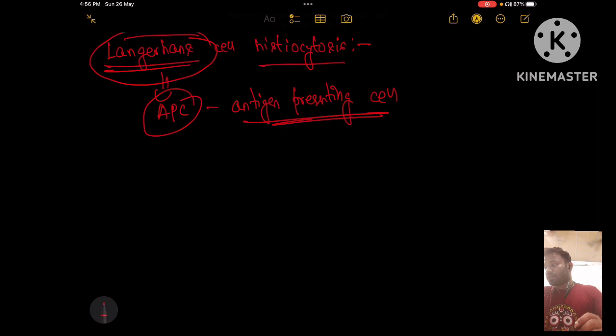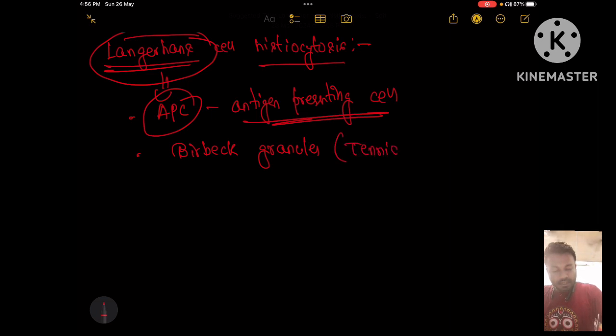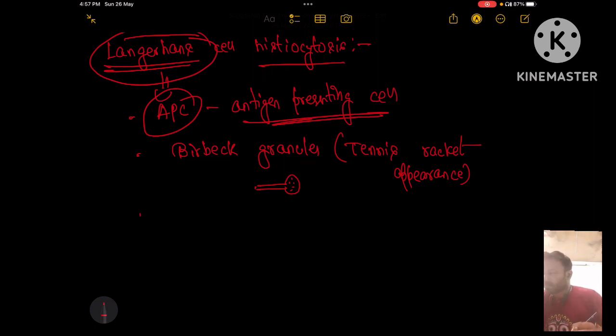In electron microscope, we see some points. First, it shows Birbeck granules, with a tennis racket appearance.